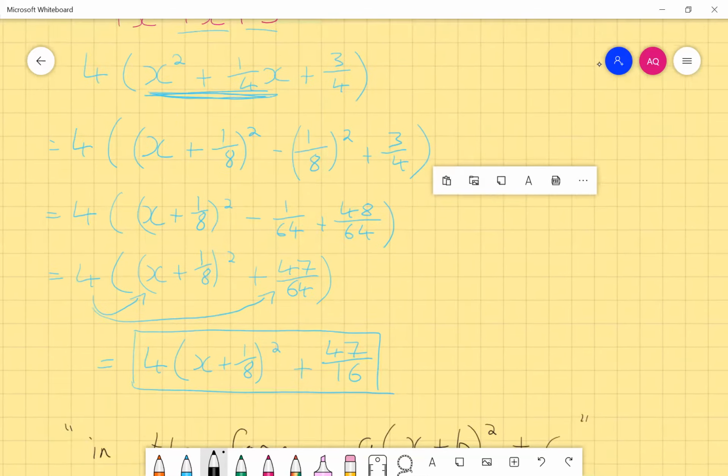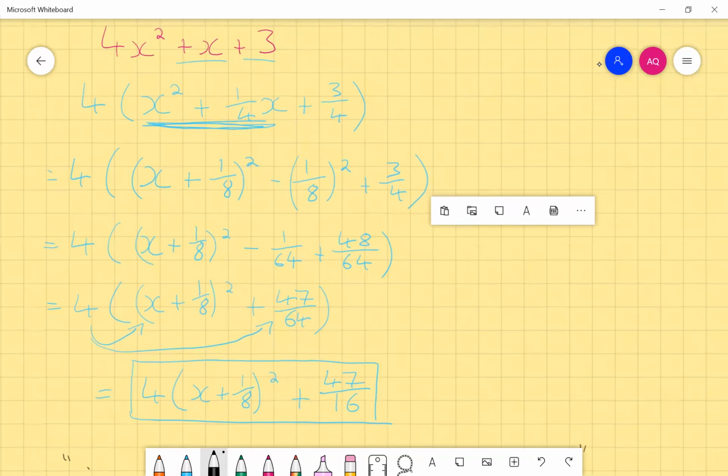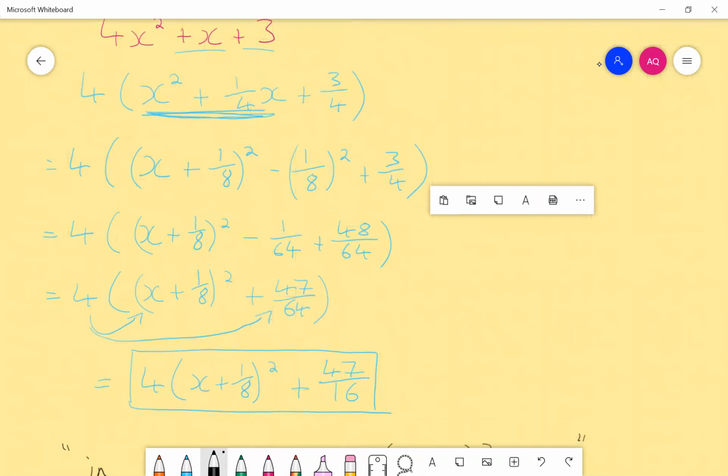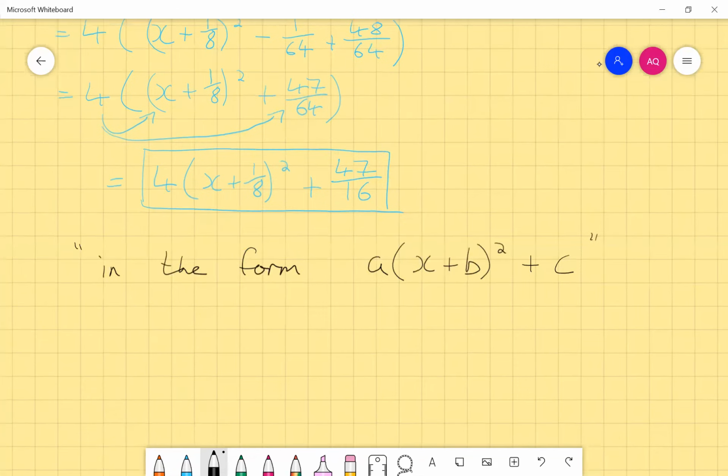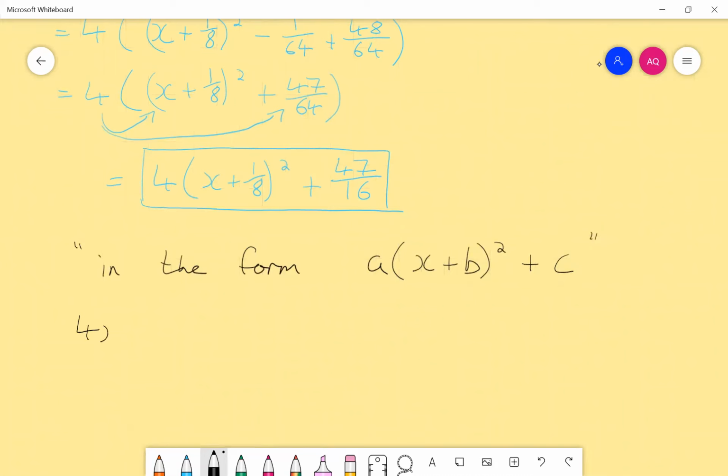And then there's a couple of other applications we can use from completing the square. So let's say if I take that above equation, 4x squared plus x plus 3. We're saying that that's equal to 4 times x plus 1 over 8 squared plus 47 over 16.